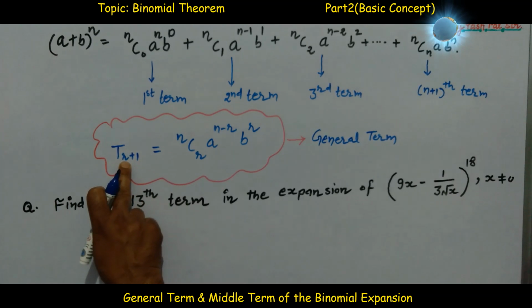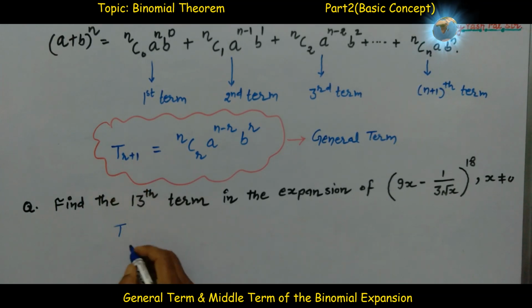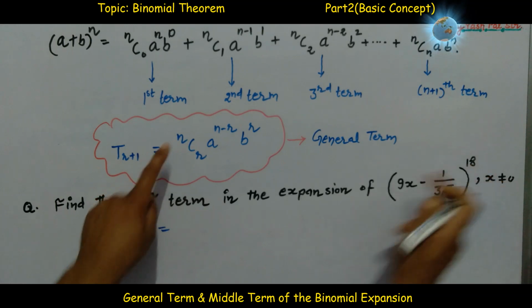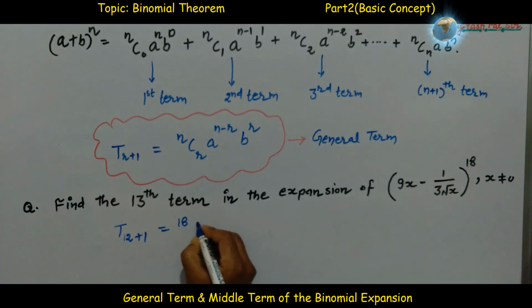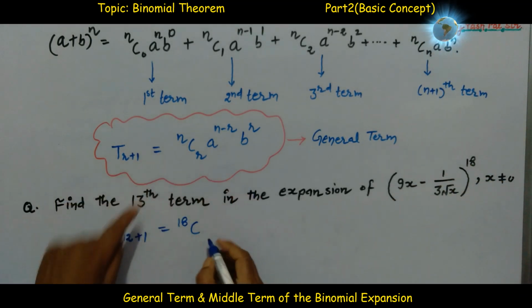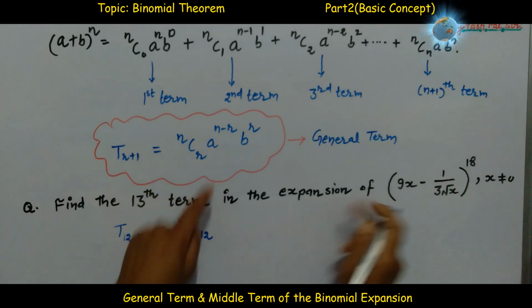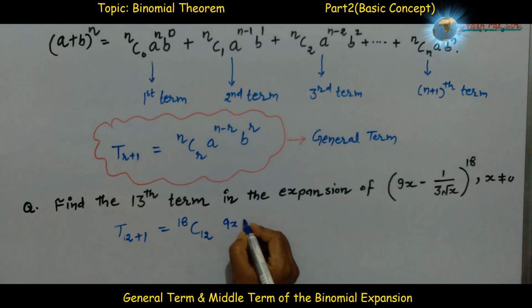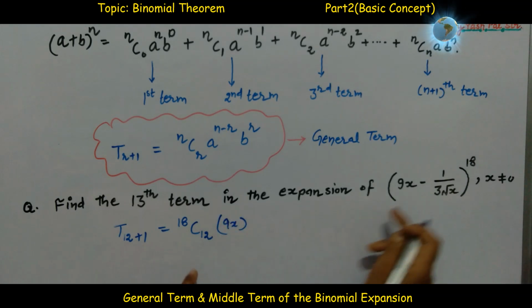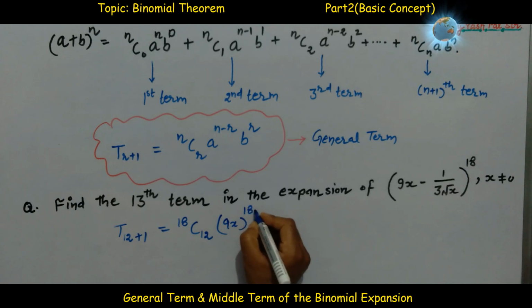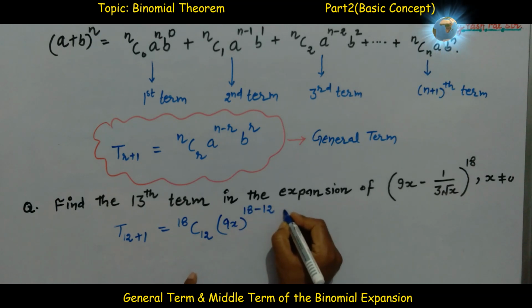In order to say here 13, we should say r is equal to 12 plus 1. 12 plus 1 is equal to 13, the value of n is 18. See, r is 12. The value of a is (9x) whole raised to power n minus r, that is 18 minus 12, into b.